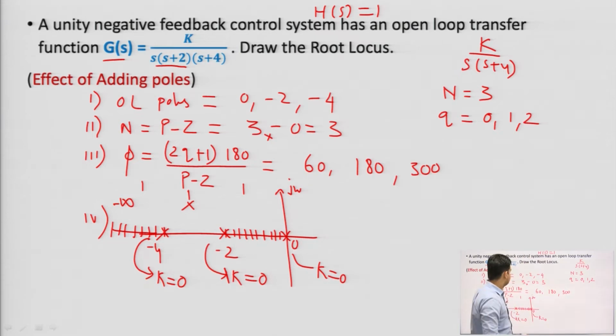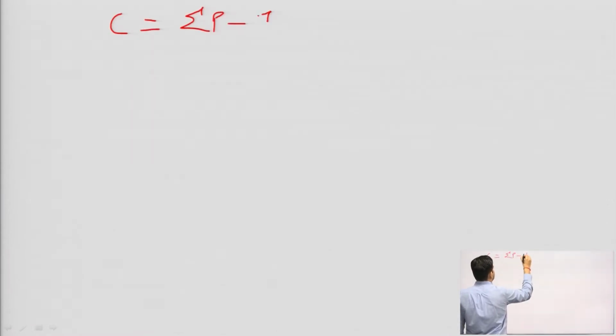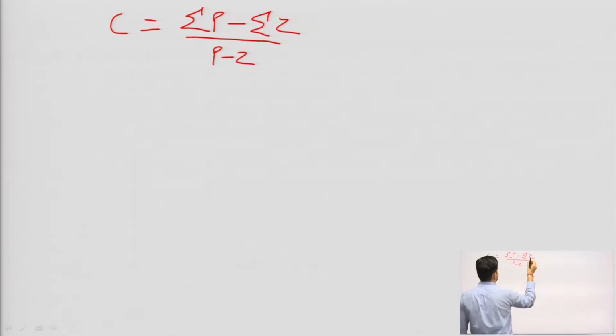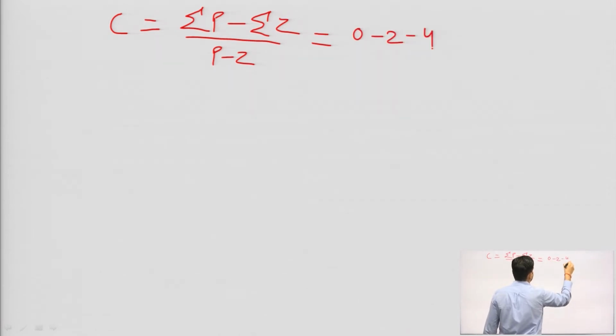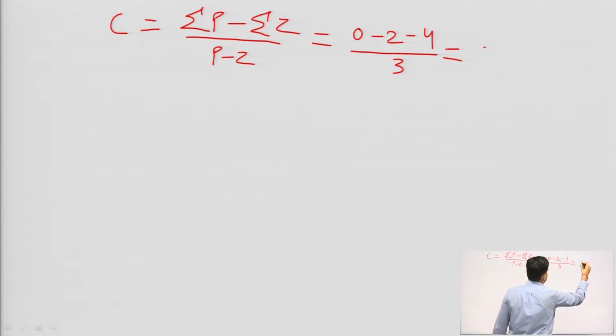The next step is we need to calculate our centroid. Here our centroid point is given as summation of p minus summation of z over p minus z. The summation of p, as you can see from the above equation, is 0, -2, -4, and p minus z is 3. So this will give you around -2.